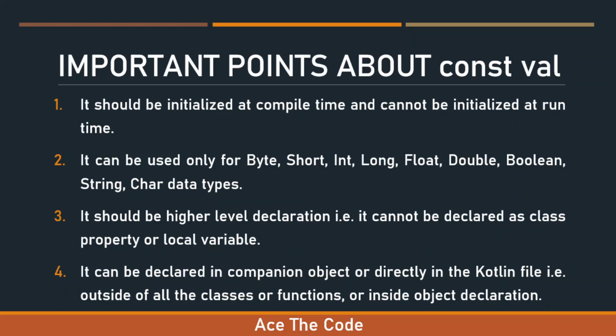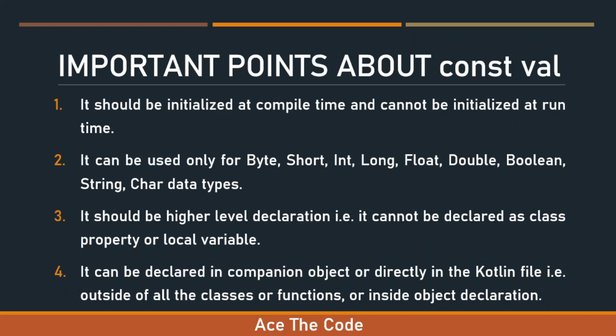So let's try to understand this concept practically, and I hope you understand the meaning of constant. Constants are the data declarations in which once we store the value, it cannot be changed at all. Now you must be wondering, we have a val type of declaration.